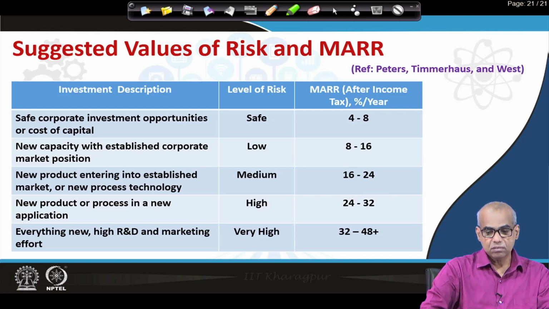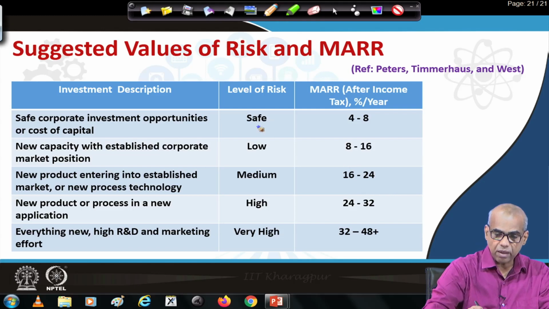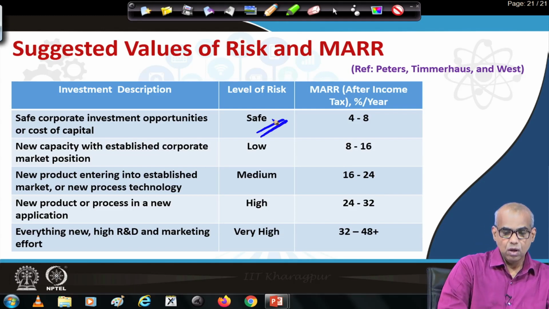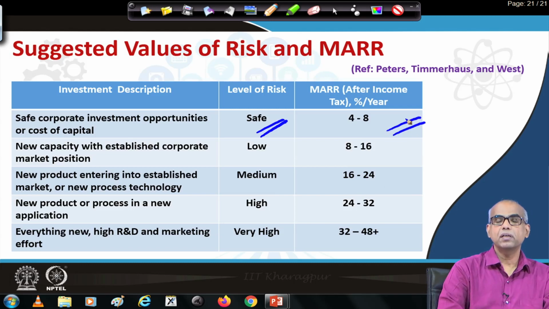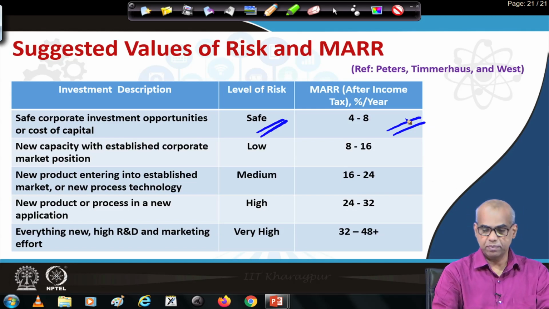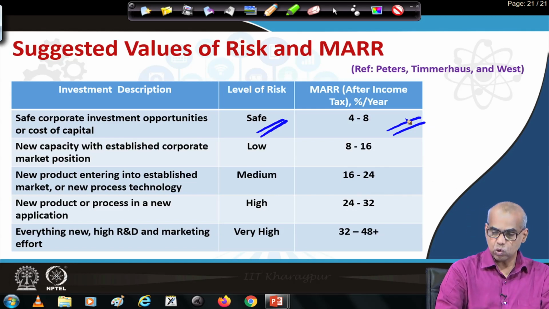See, the level of risk is safe for safe corporate investment opportunities or cost of capital. Your minimum acceptable return may be in the range of 4 to 8%. When risk is low, the minimum acceptable rate of return may be in the range of 8 to 16% per year. For medium risk, the minimum acceptable rate of return will be in the range of 16 to 24% per year.